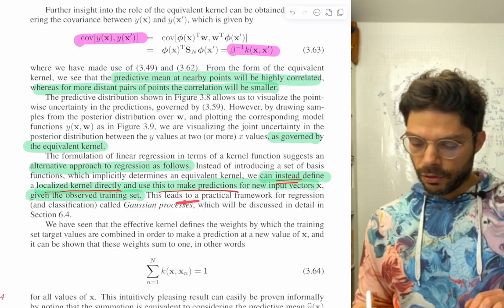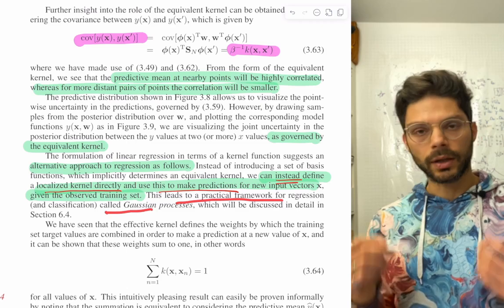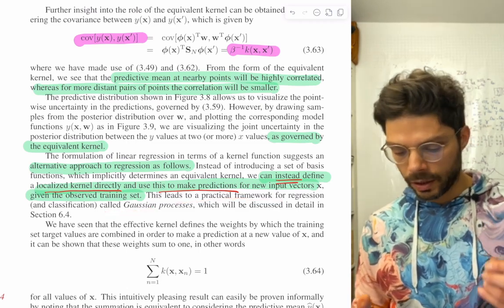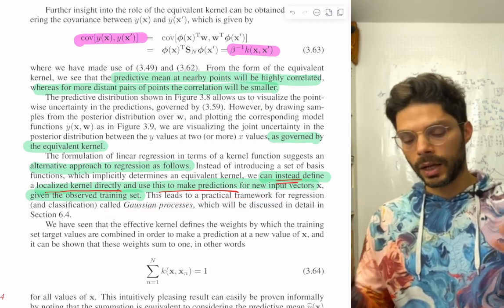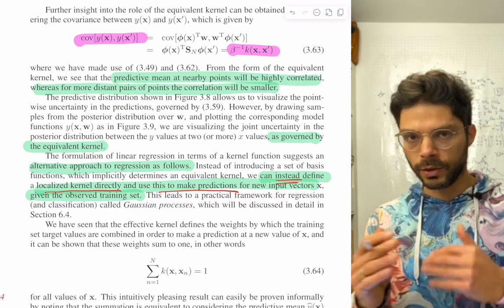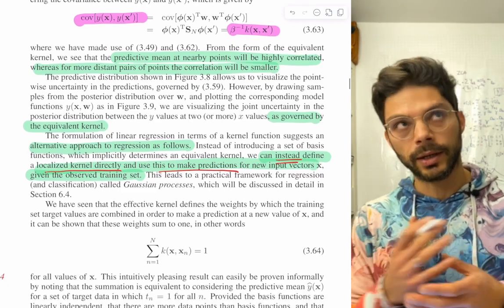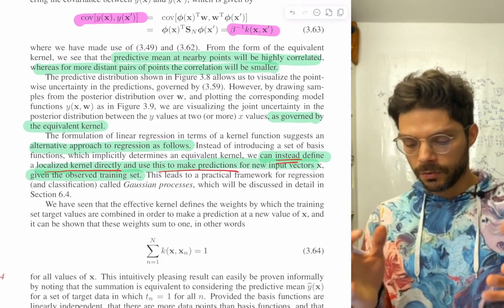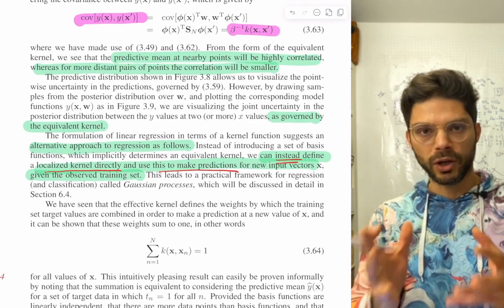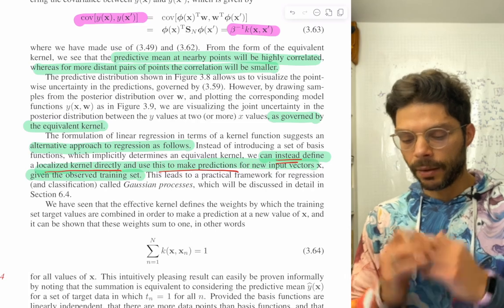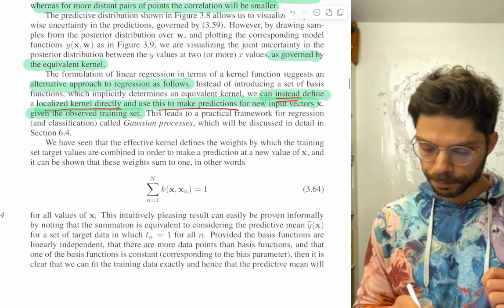This leads to a practical framework for regression and classification called Gaussian processes, which is a really important topic that was coming up around the time this book was written, the mid 2000s, and it's still really relevant. I work with it a little bit. It's quite a beautiful topic, and we'll learn all about it in chapter 6.